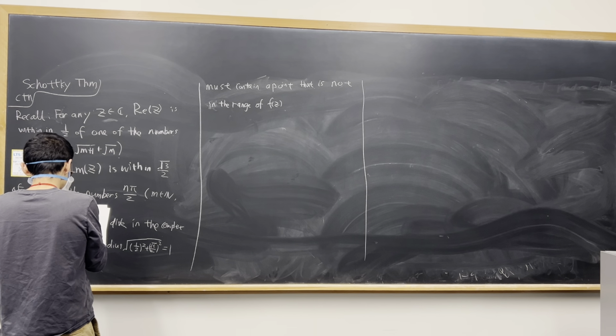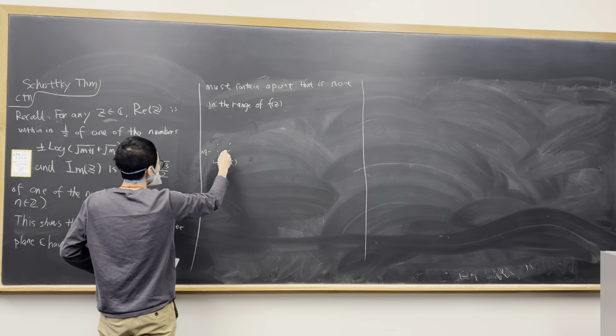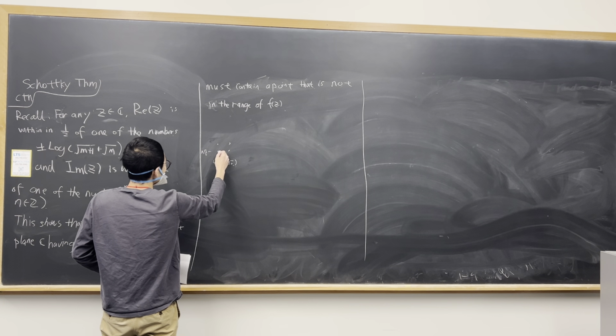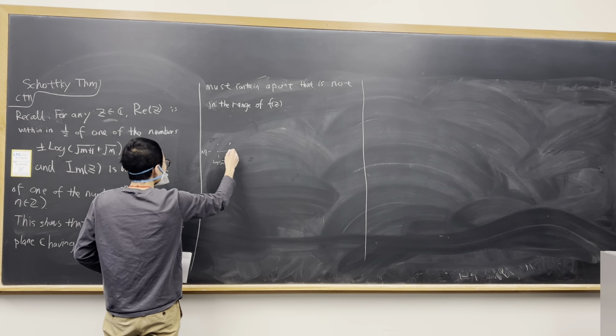So it's like this lattice plot, right? Where you know that this distance is less than 1/2, and this distance is less than 1, and this one is less than square root of 3 over 2.